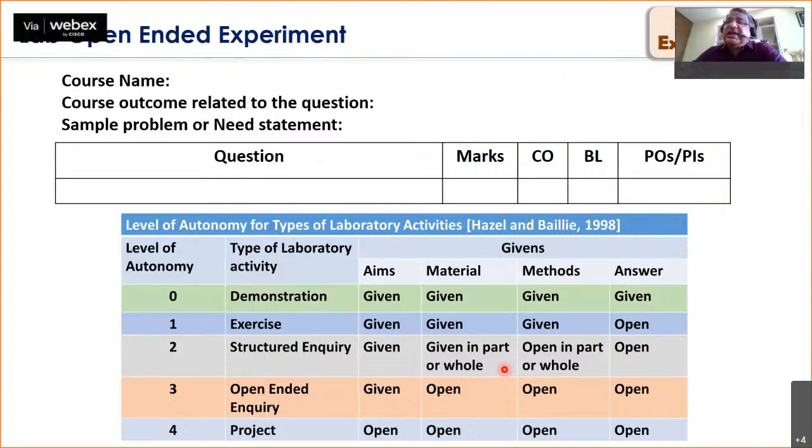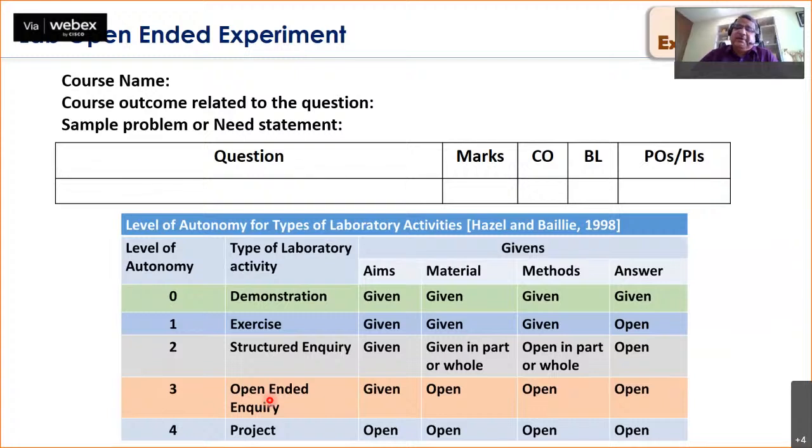If it is a petrol engine, injection timing will vary. Then ask them what its effect is. So it's called structured inquiry. Again each batch will share, and what will happen when injection is advanced, what will happen when injection is retarded. So their ability to interpret the results will improve.